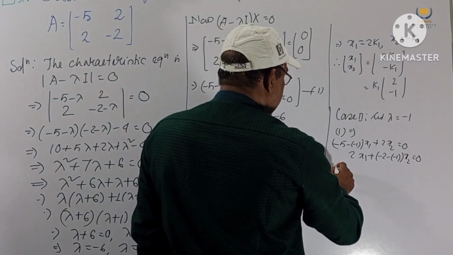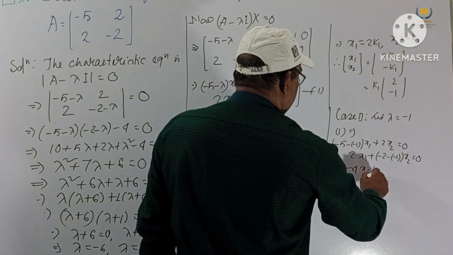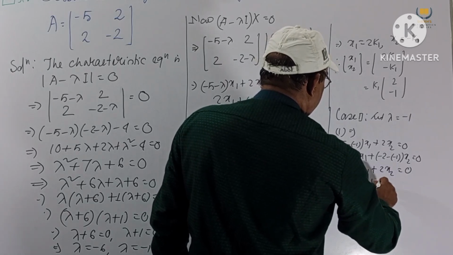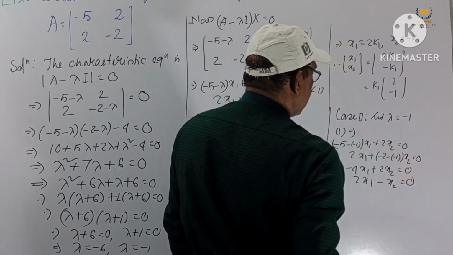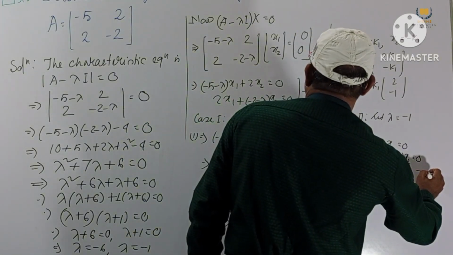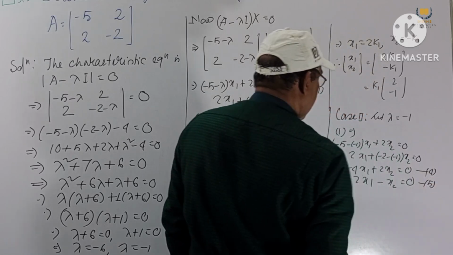This implies -4x1 plus 2x2 equal to 0, and 2x1 minus x2 equal to 0. So both are the same equation. This is number 4 and this is 5.